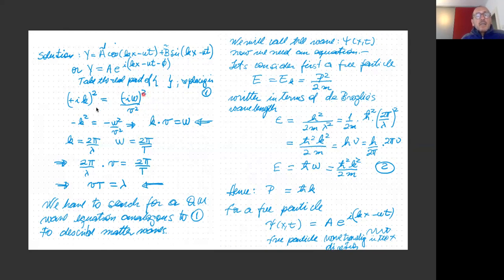I cancel the i here and the i there, so I have this expression. And this expression gives me our familiar relation between the wave vector associated with this solution, the velocity of propagation, and the frequency.